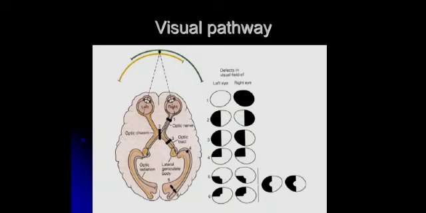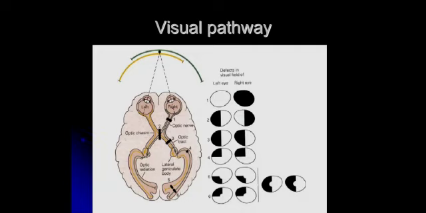The fibers originating from the lateral geniculate body form a loop at their origin called Meyer's loop. Here you can see the different field defects and the visual field of an optic nerve. You'll come to know in detail how different fields are lost once we start doing the experiment.